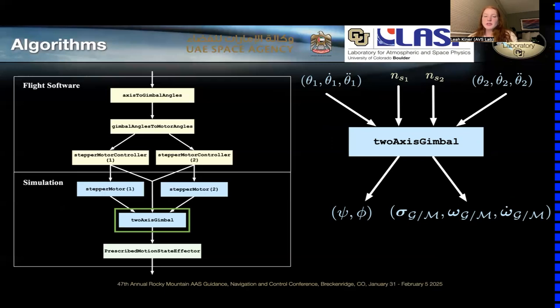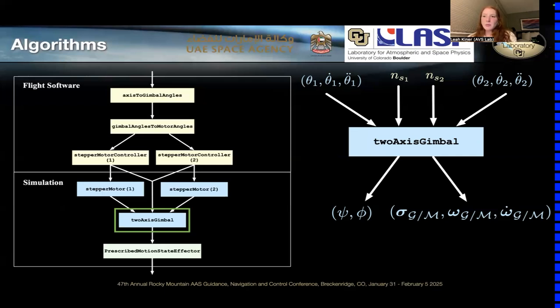For example, the motors can be commanded individually. They can be commanded together with the same number of steps. They can have opposite numbers of steps, where one motor is commanded to move forwards while the other is commanded to move backwards. And they can also be commanded to have an unequal number of steps. So this module essentially needs to handle all those different cases.